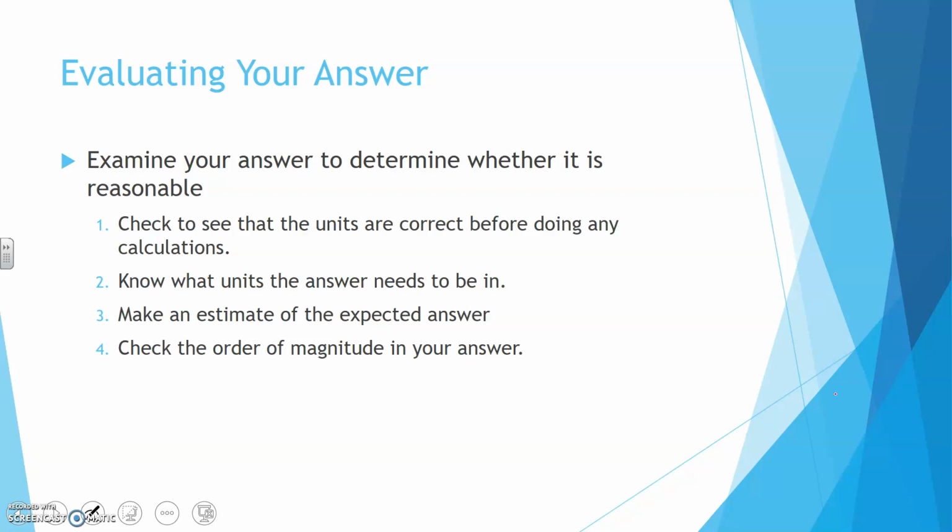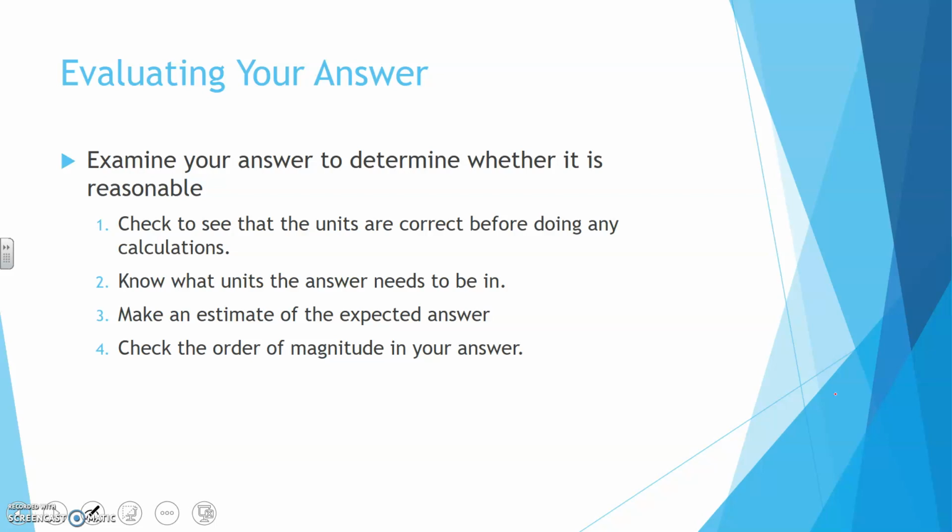And then also check the order of magnitude in your answer. This is more once you get into moles and the number of atoms in something and all of that. This goes into the exponents. If you start off with something that's 10 to the 23rd, but your answer is 10 to the negative third, there better be a pretty big something that you divided it by.